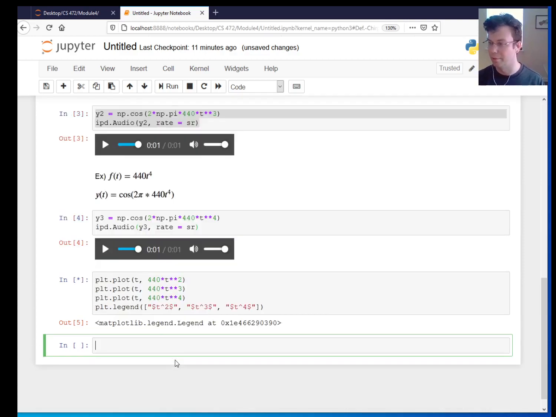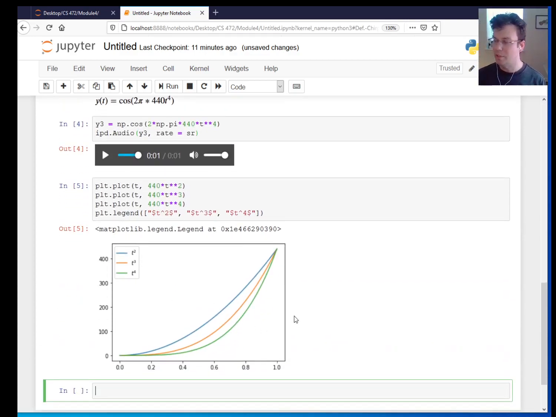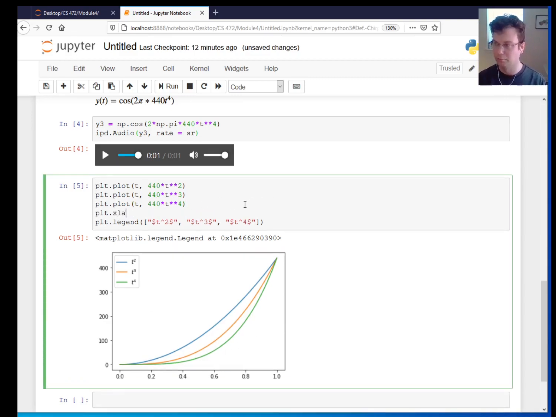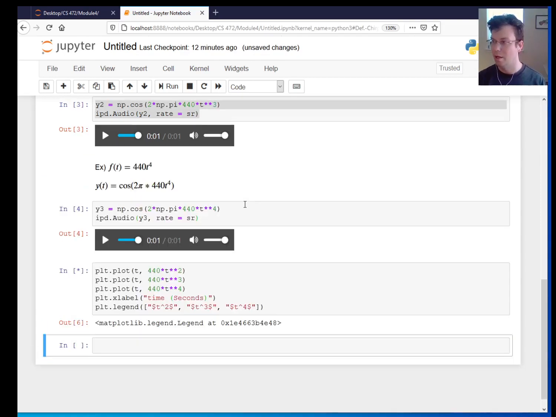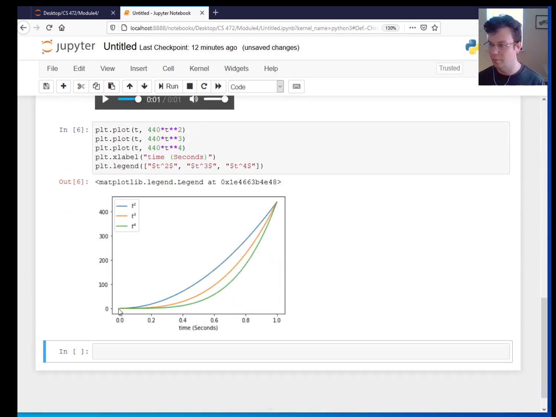So let's look at this. What we see is, over the time interval, where t is time in seconds, between 0 and 1 seconds, all three of them start off at 0 and they end up at 440.